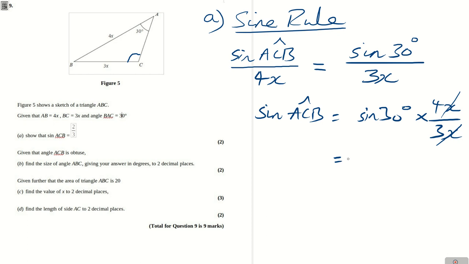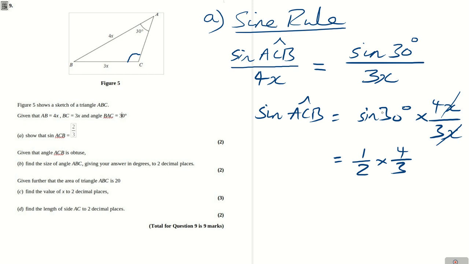Now, what's sine of 30? Well, you are allowed to use the calculator on this. If you put sine of 30 into the calculator, you will find that it equals a half. Now, if you didn't have a calculator, remember that by using a 60-degree equilateral triangle and drawing a perpendicular height on there, it's quite easy then using Pythagoras to see that the sine of 30 is a half.